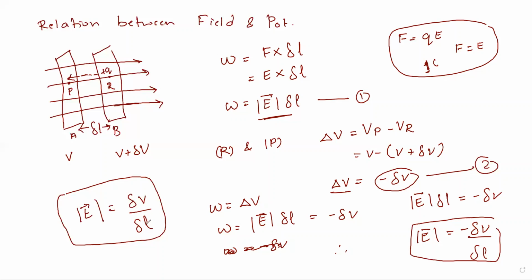The next point is the magnitude is given by the change in the magnitude of the potential per unit displacement normal to the equipotential surface at the point. I will give this conclusion in the notes. Just by understanding, I explained it. So this is all about the relation between the electric field and the potential.